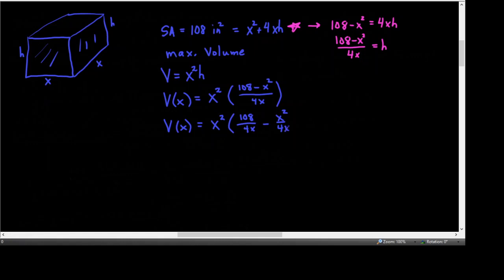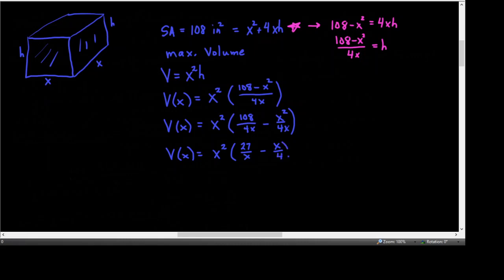And there are other things I could have done first. I could have distributed the x squared first, for example, and that's what I was contemplating as I hesitated there for a second. But anyway, we can do the distribution later. See, 4 goes in 108 27 times. So that's 27 over x. And a single x cancels, leaving x over 4.